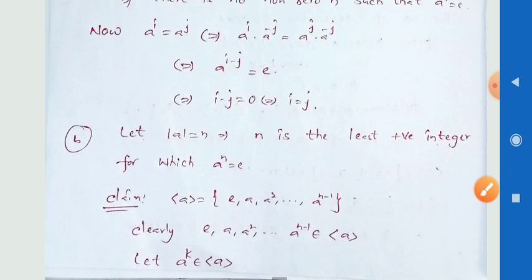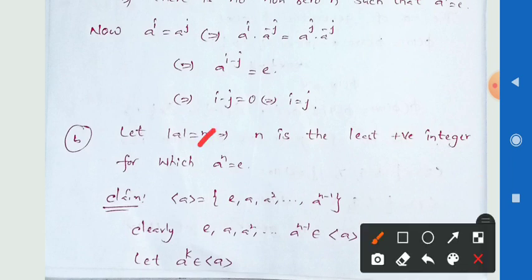Now another condition, case B. Let the order of a be equal to n. Here the order of a is given, that is finite, so the order of a is equal to n, and n is the least positive integer for which we have a^n equal to e.